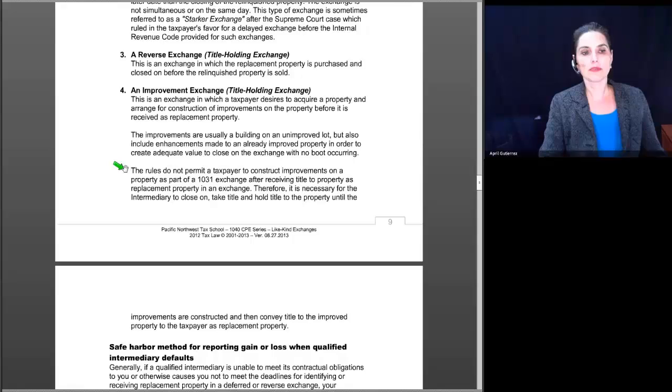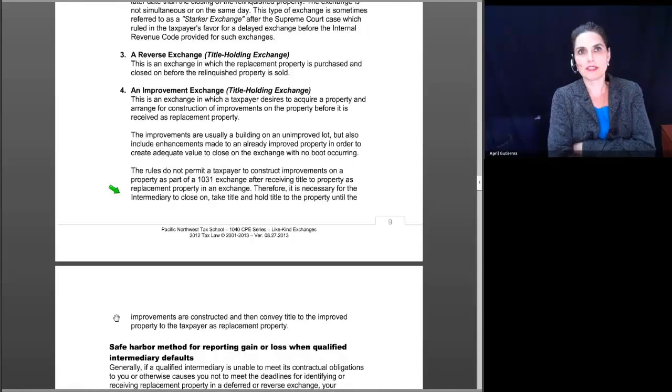The rules do not permit a taxpayer to construct improvements on a property as a part of a 1031 exchange after receiving title to the property as replacement property in the exchange. Therefore, it is necessary for the intermediary to close on, take title to, and hold the property until the improvements are constructed, and then convey the title to the improved property to the taxpayer's replacement property.